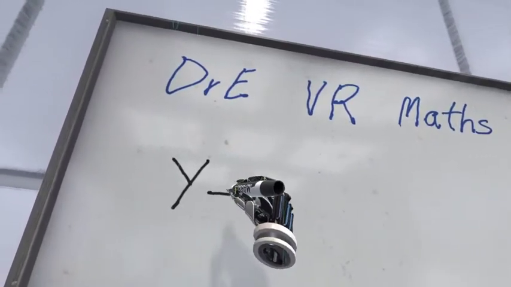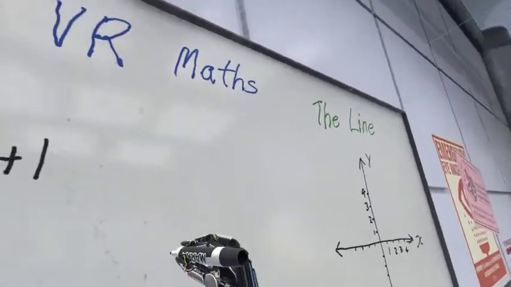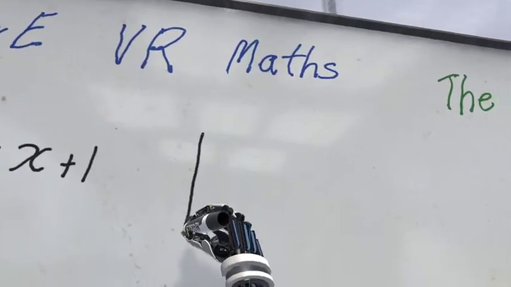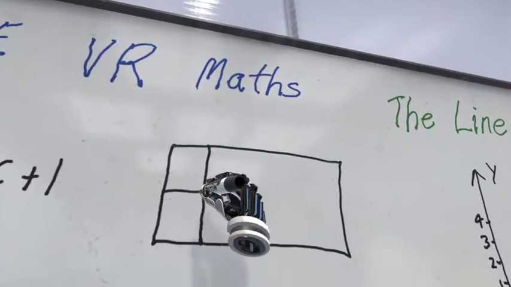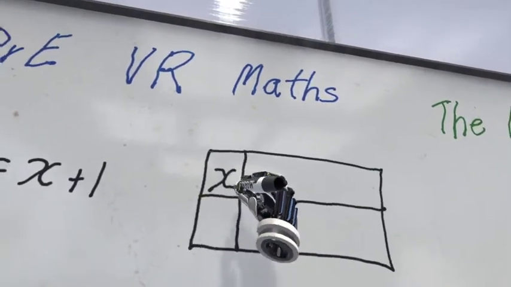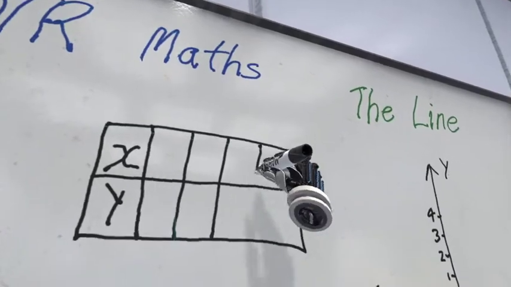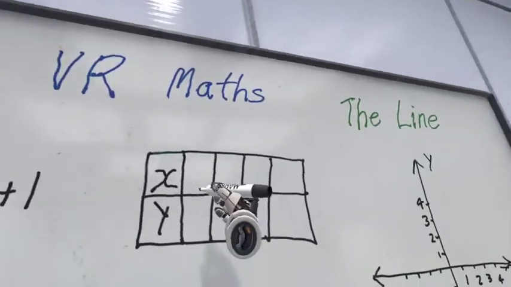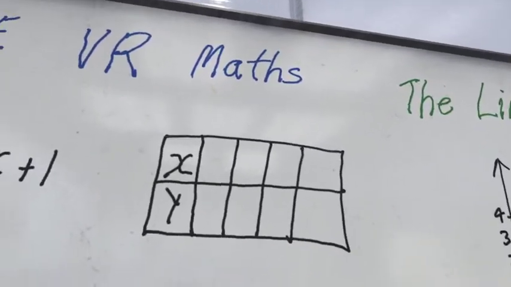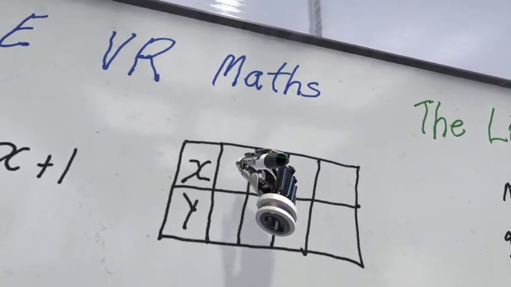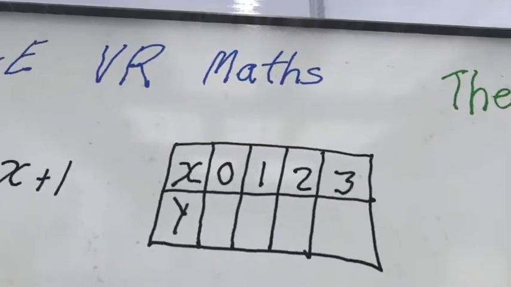Y equals X plus 1. We make up our table. And you can pick anything you want. Now, usually they might have the table for X values filled in. So we'll just put in some numbers. So 0, 1, 2, 3.